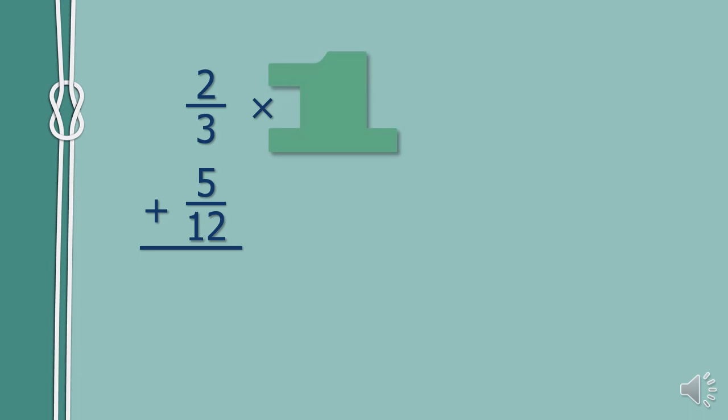What number can we multiply by 3 to get 12? If you said 4, you were correct. That means we're going to use 4/4 to multiply by 2/3 in order to put 2/3 into a like fraction with 5/12. So if we do that, we get 8/12.